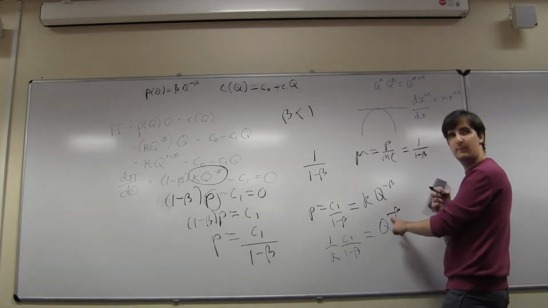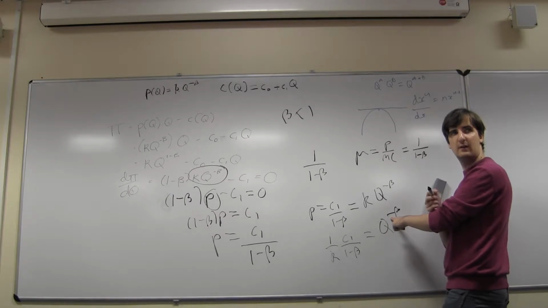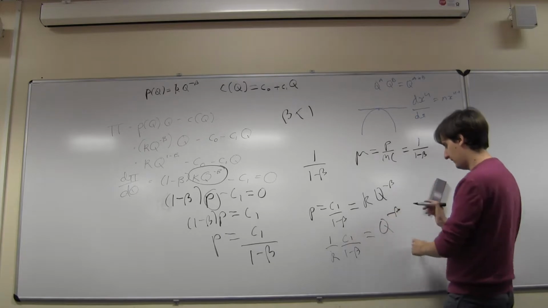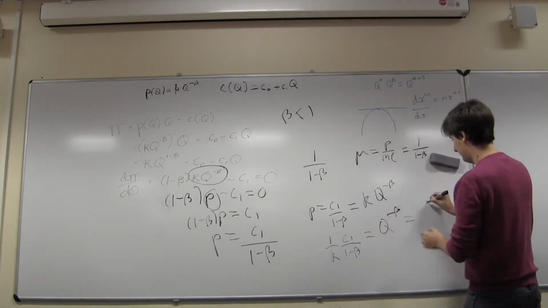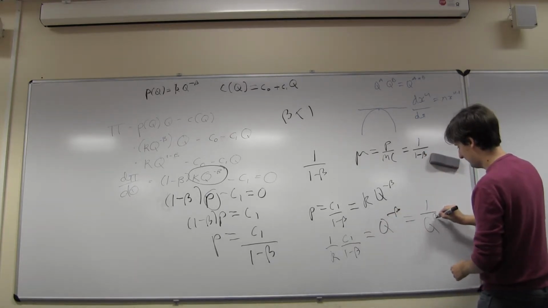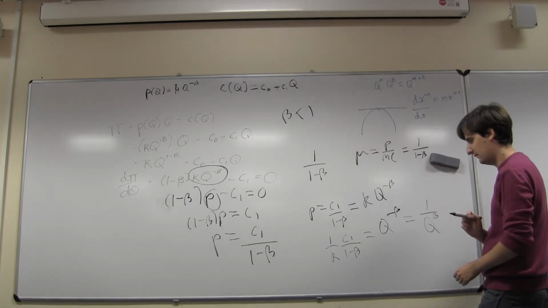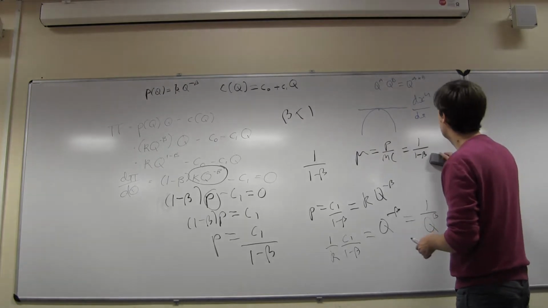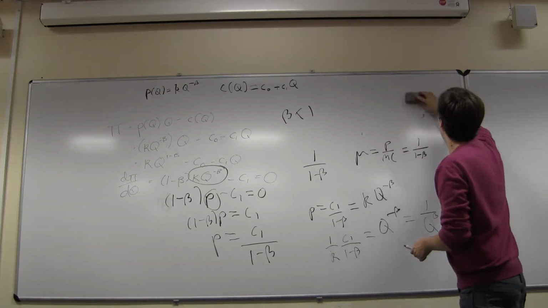Let's get rid of this minus sign. Raising to the power of a negative number is like 1 over, so this is the same as 1 over Q to the beta. Then we can invert both sides of this equation.